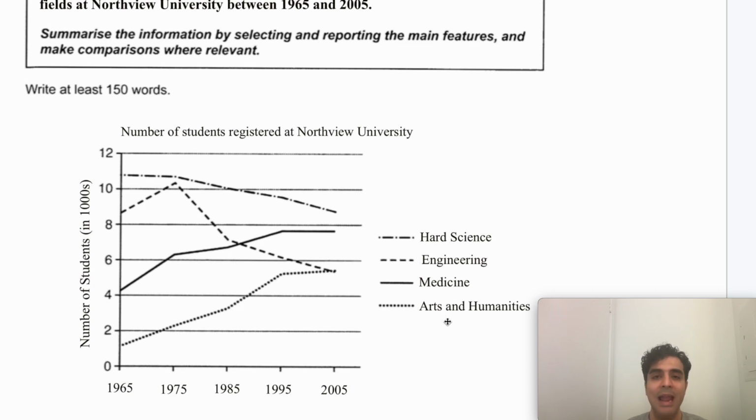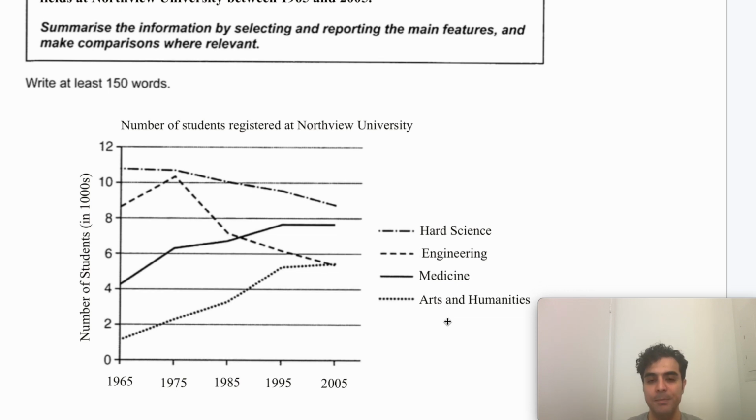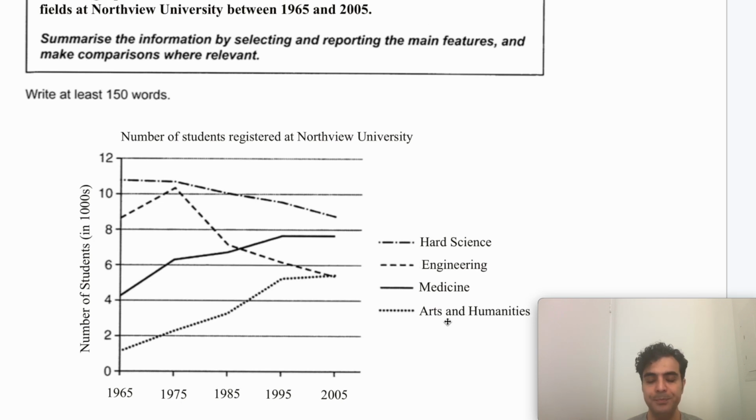So I could have lamb and beef described in one paragraph, and then chicken and fish described in another paragraph. Note that in this case, we're not looking at which ones are rising, which ones are falling. We're looking at the nature of the variables to make this decision. So you need to familiarize yourself with different examples. And in each case, you need to ask yourself, how would I logically make this division?